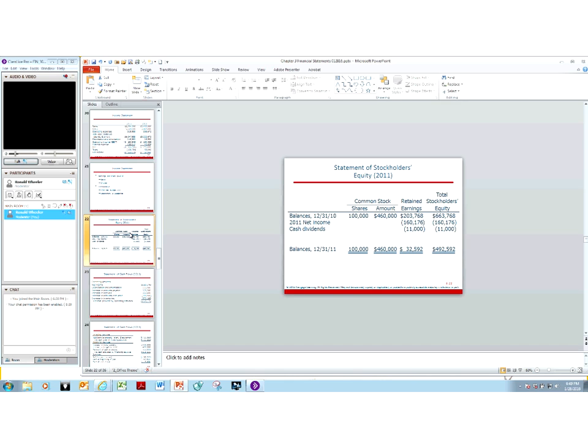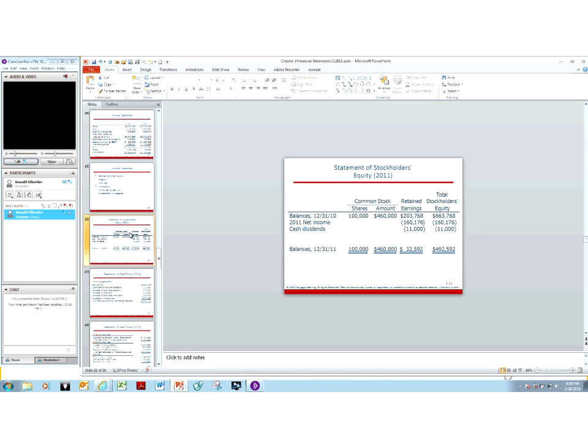The most common types of activities you'll see are, what was the net income or loss for the year? What dividends were paid? If there are stock issuances, anything like that would appear on this schedule. And when you factor in the activity that occurs within the year, you get to your balance at the end of the year. Different companies have different subsections within equity.